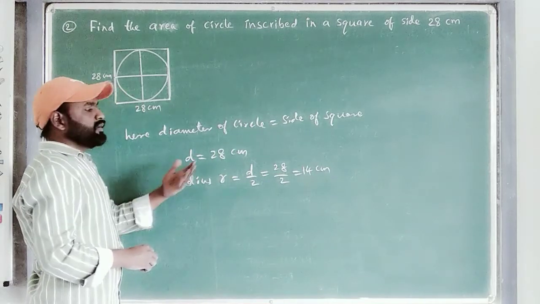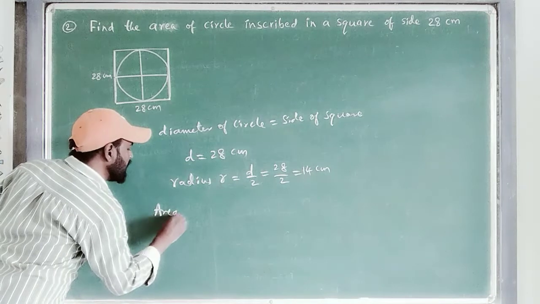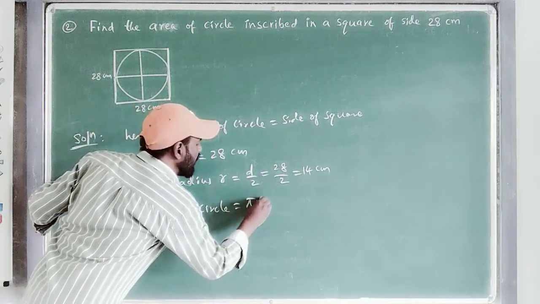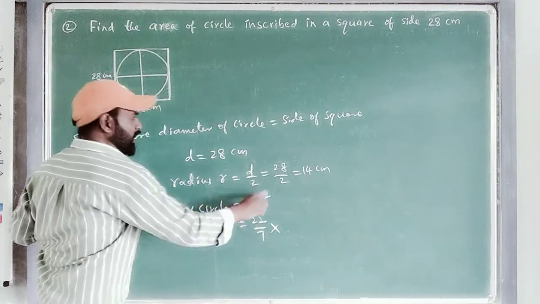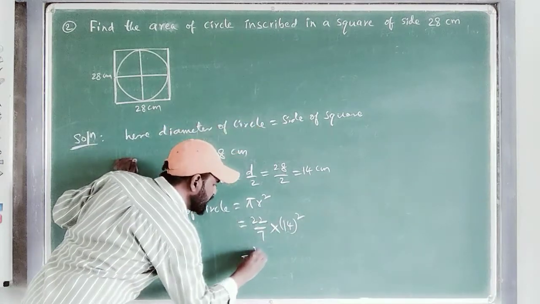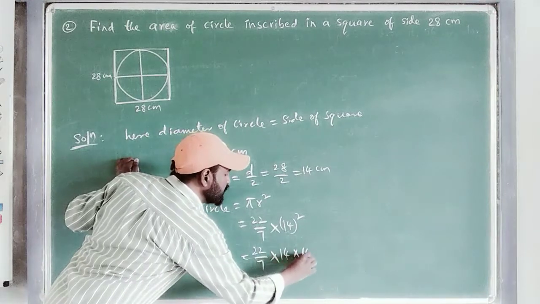Okay. Now let us go for the area of circle, which is pi r square. Pi means 22 by 7 into r. We have 14, so 14 square. So now 22 by 7 into 14 square means 14 into 14 2 times.